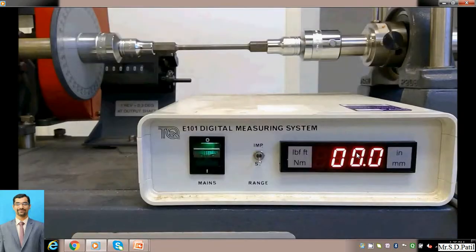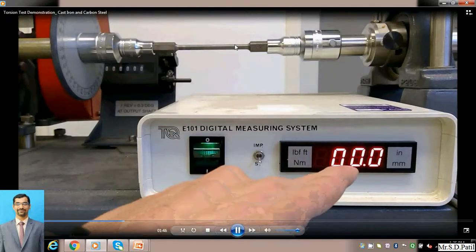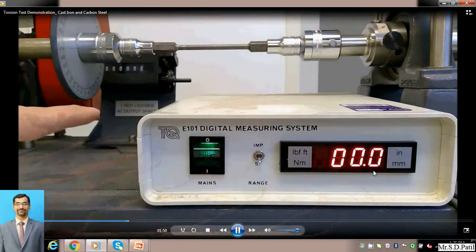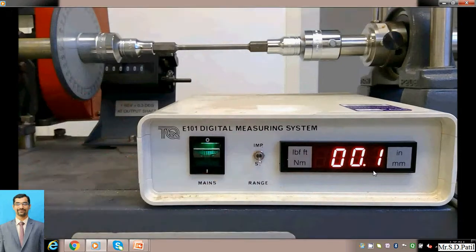The first test is conducted on the cast iron. This is the rod of cast iron, and this is how the test is carried out. Here there are no initial movements. It is just a sensitive machine, that's why we are getting some sort of reading.